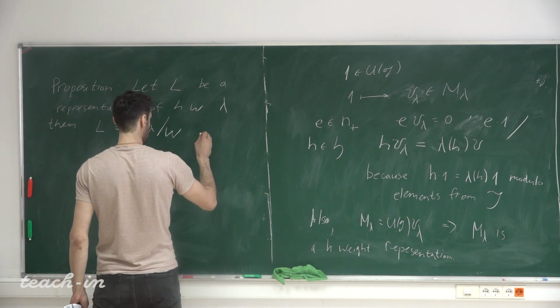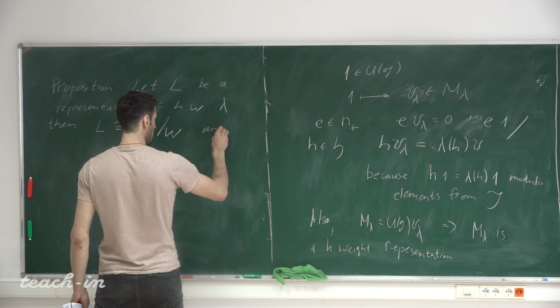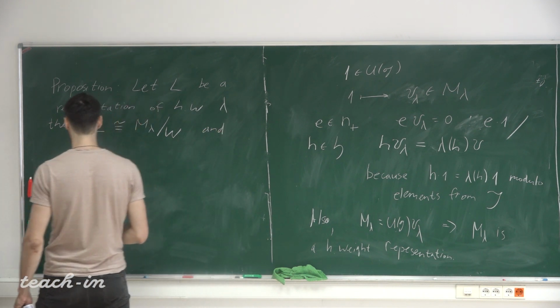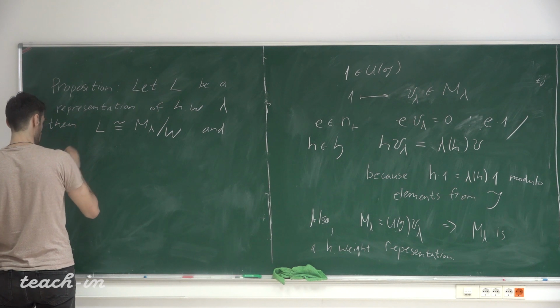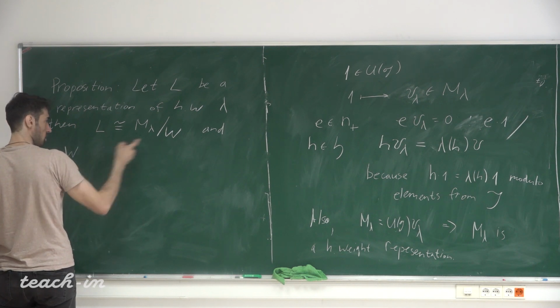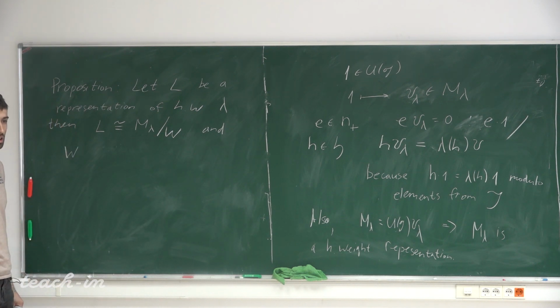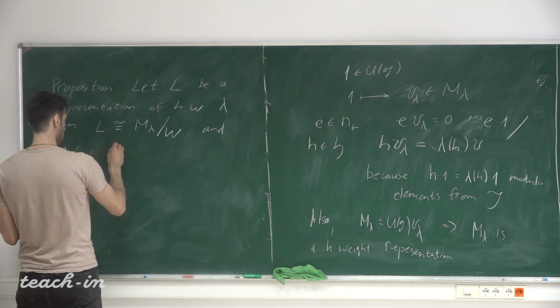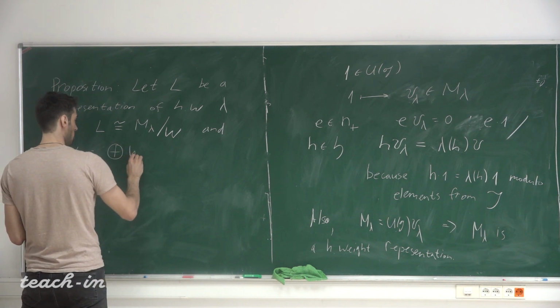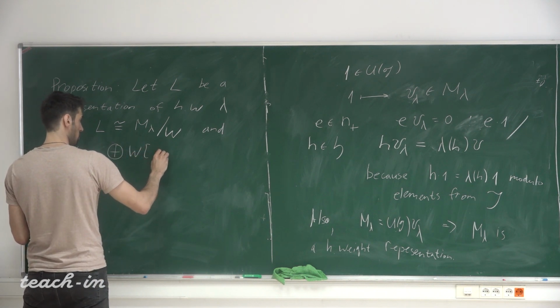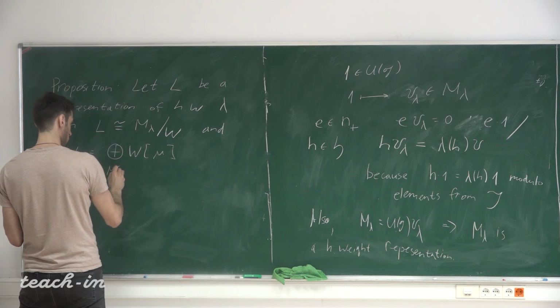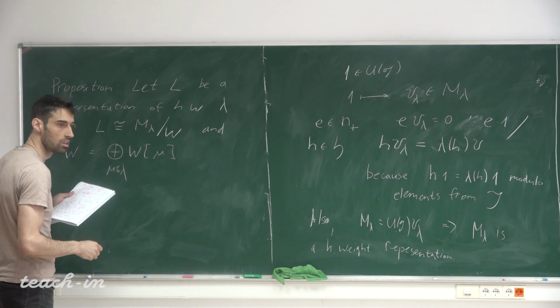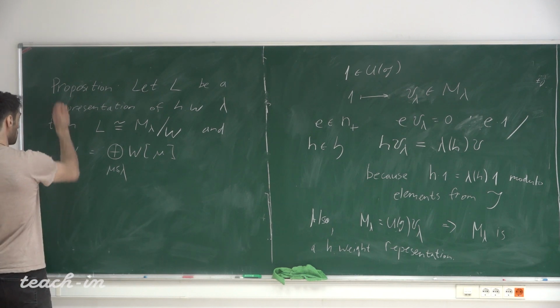And another technical observation that I will need in the future is that this W admits a weight decomposition as well. So W is actually the sum of W of mu, and moreover, this mu is of course less or equal than lambda. So let us prove this.